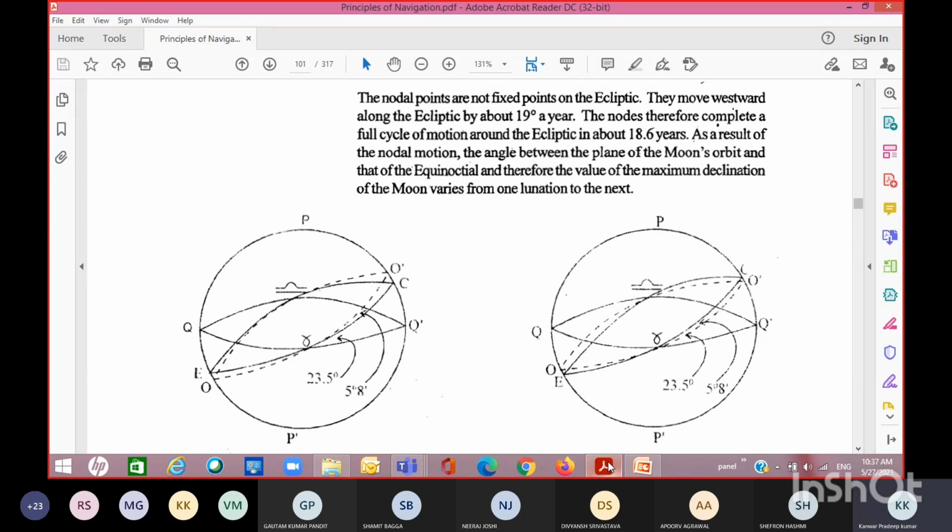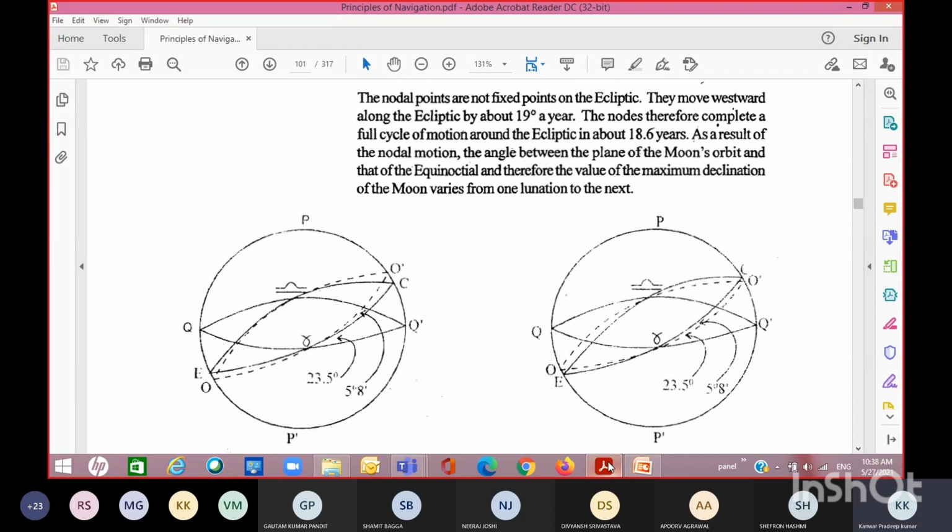Q dash C is the maximum declination of the sun. Q dash O dash is the maximum declination of the moon, either side. And there are two nodes, ascending node and descending node.